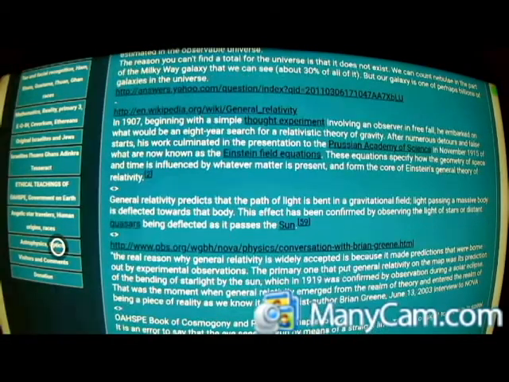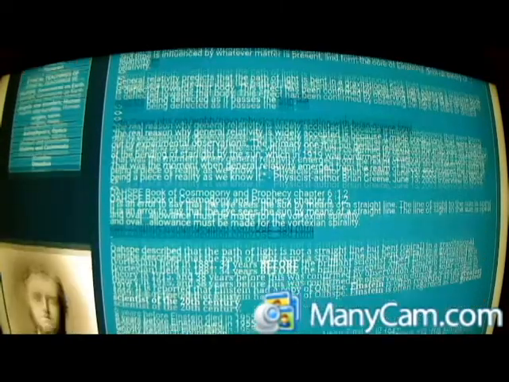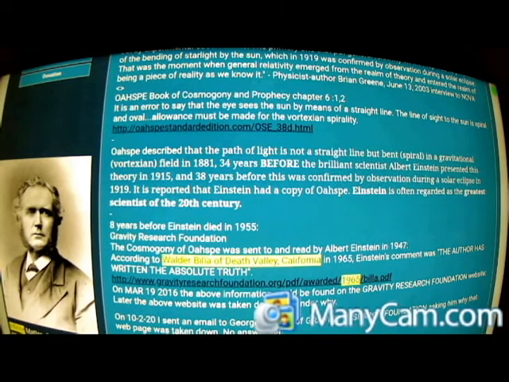And I wonder why. And right below that, I wrote, on March 19th, 2016, the above information could be found on the Gravity Research Foundation website.